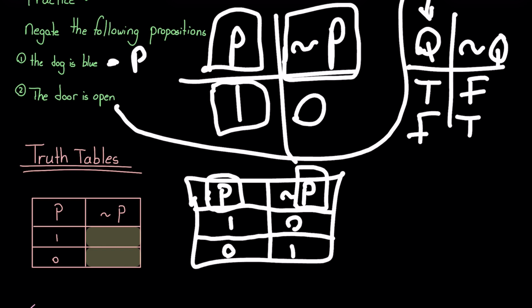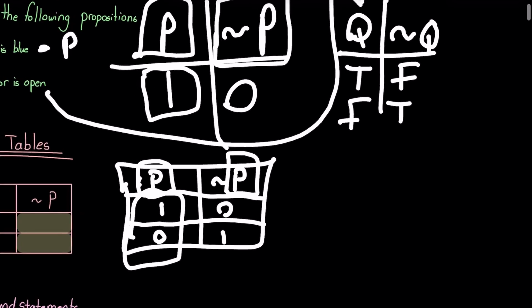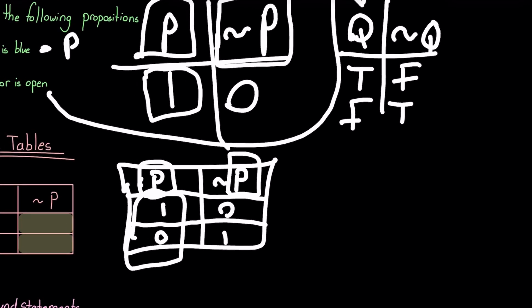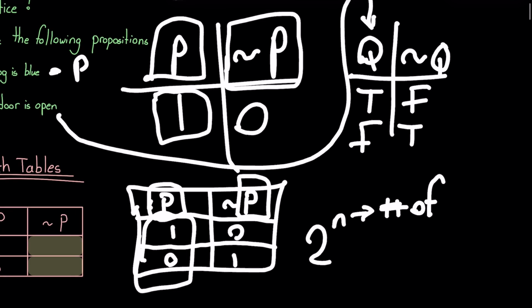But how do we know how many of these 1s and 0s we should use? It's simple. The number of rows that a truth table has is equal to 2 to the n, and what is n? n is the number of propositions.